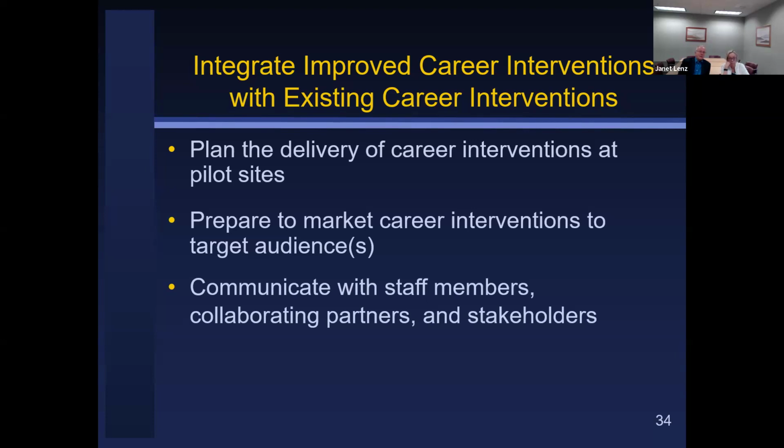Now, pilot sites in a large organization, we're going to pick particular parts of the organization where the intervention is going to be tried. If you're in a single career organization, then there's no pilot site, it's the entire organization. So it may be just 2 staff members agree to say, okay, we're going to try this out in a group and we'll see how this works.